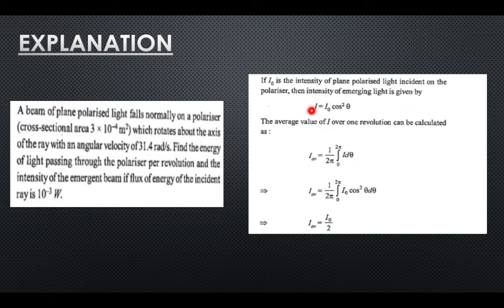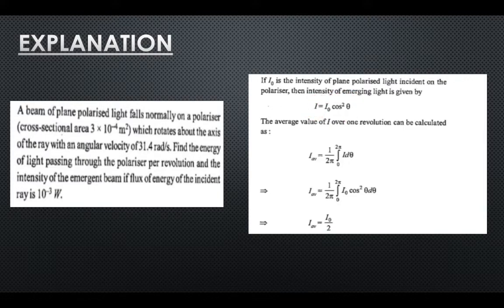We know this formula for the intensity of the emerging light, which emerges from the other side of the polarizer. This is a very basic formula you all must be knowing.